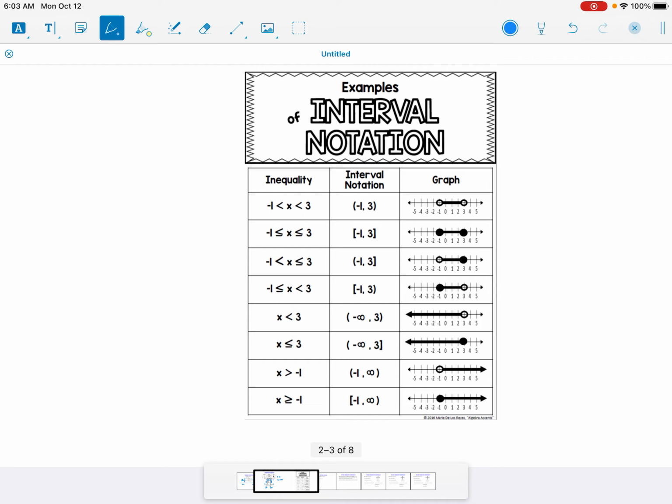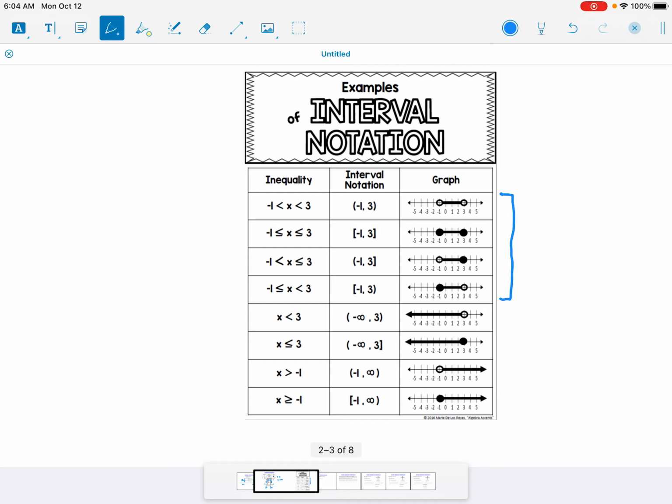Okay, so one thing to note that we haven't mentioned yet: the first handful here are similar to our example on the previous page, where if I give you an inequality or a number line graph, you can see the first number that the graph or the inequality starts with, and you can see the last number.